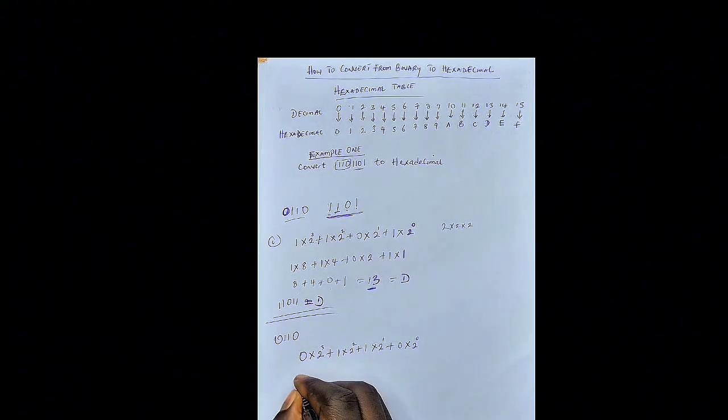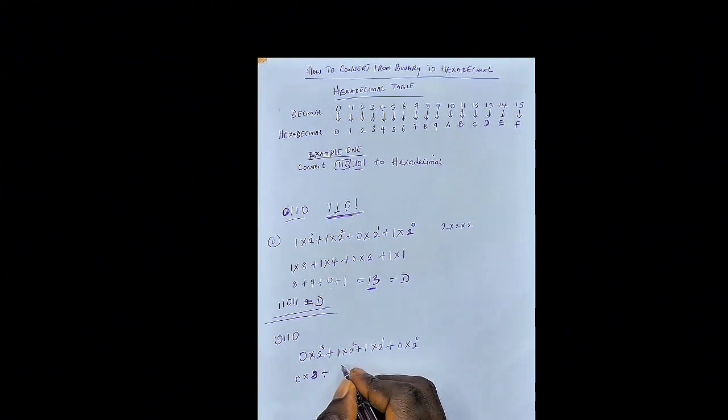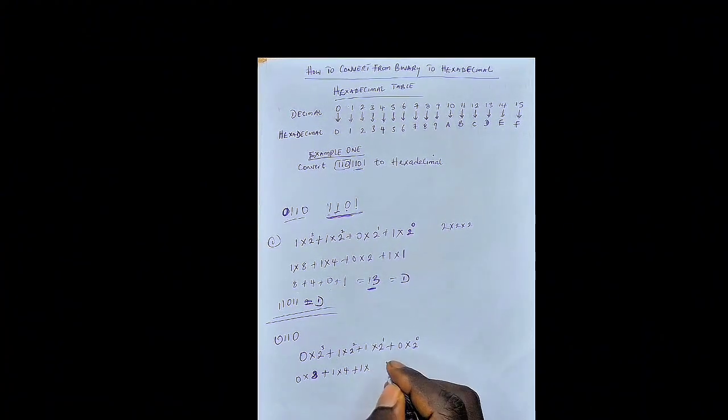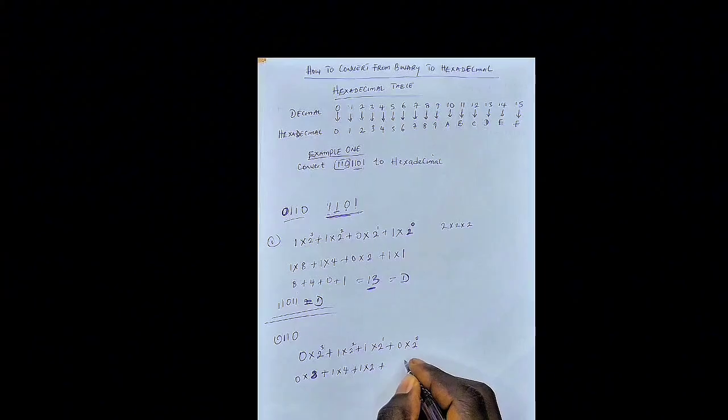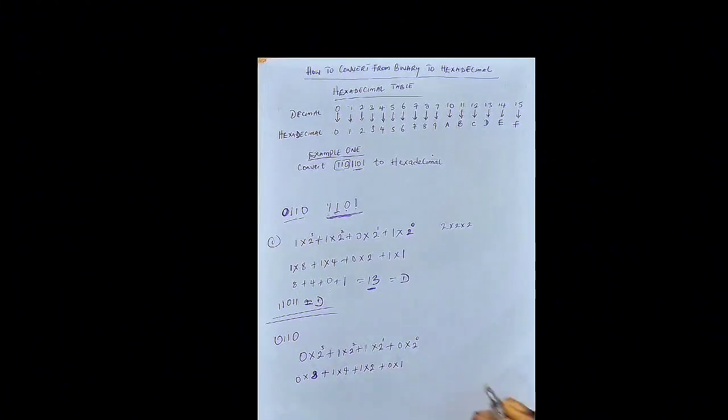You multiply. 0 multiplied by 2 raised to the power of 3 will give us 8, plus 1 multiplied by 2 raised to the power of 2 will give us 4, plus 1 multiplied by 2 raised to the power of 1 will give us 2, plus 0 multiplied by 2 raised to the power of 0 will give us 1.